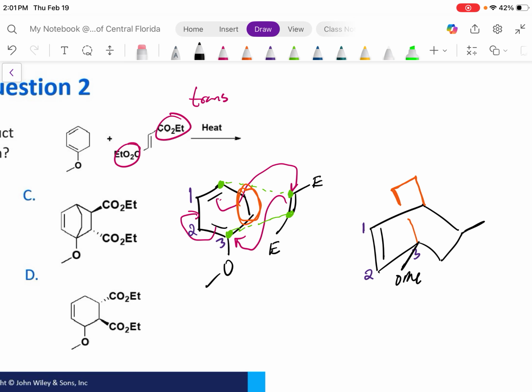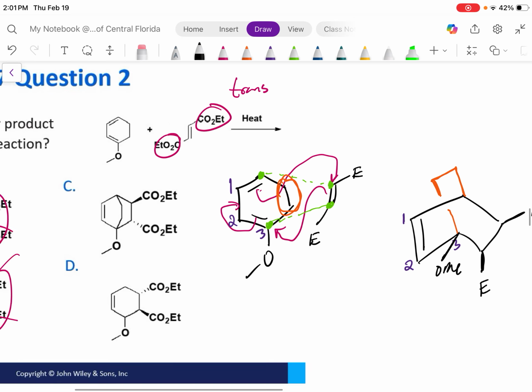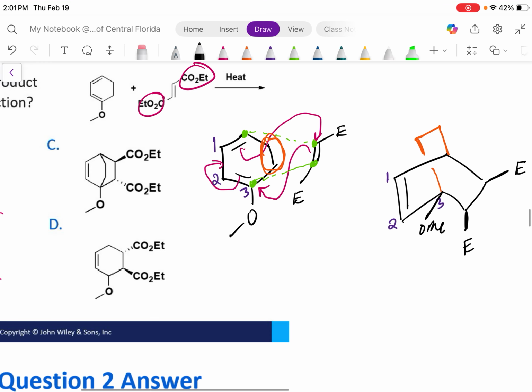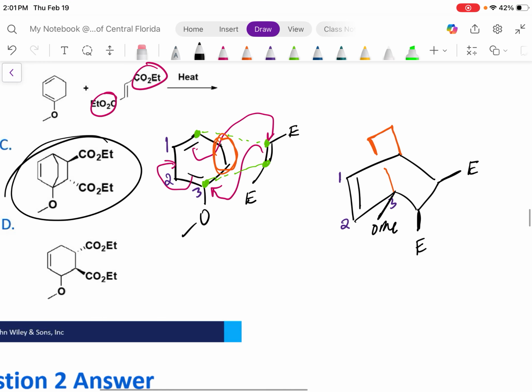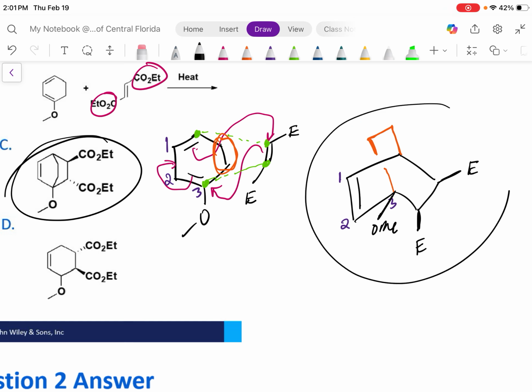So one of them is going to be up and one of them is going to be down. Like that. So the only possible answer choice would have to be C. So I'm drawing how it would look like that. So both would be correct answers, and I would expect you guys to be able to draw both of those and recognize that.